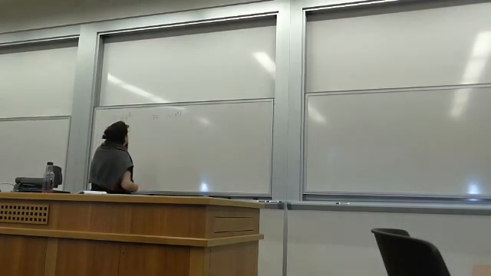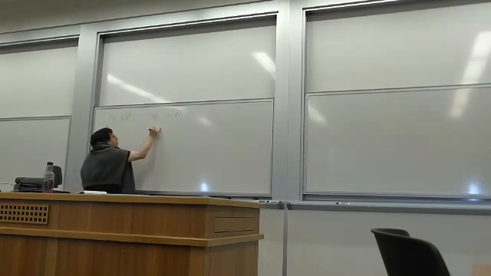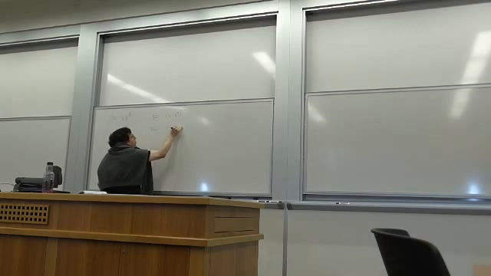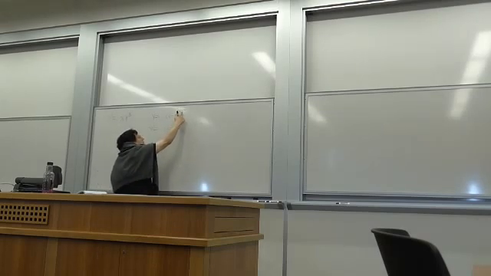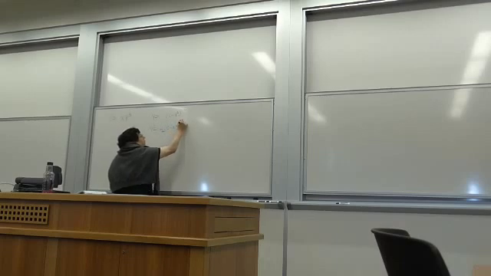So we have to do two things here. We have to find out what y prime is. So y prime is going to be (c minus x squared) to the minus 3/2, right?